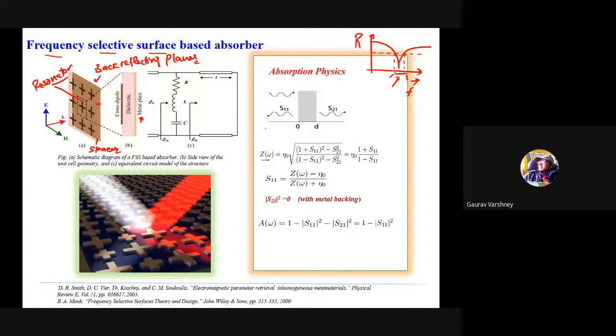So what happens generally when an electromagnetic wave falls over this absorbing unit? In that case, this cross-shaped resonator geometry creates some resonance. This gives some resonance spectra, and provides us the minimum reflection at a particular frequency or within a particular frequency band.